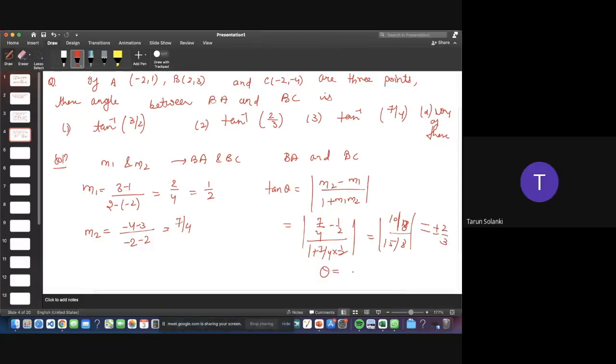So theta = tan inverse 2/3. You can copy this, then we will move to the next question.